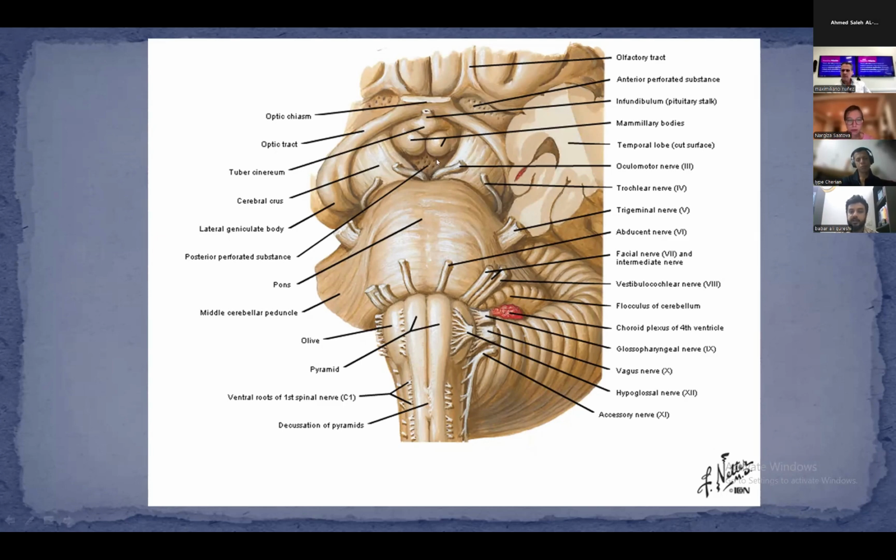In the middle, there's the interpeduncular fossa, which is occupied by the posterior perforated substance. The other important structure is the origin of the third cranial nerve, the oculomotor nerve, which comes out of the interpeduncular fossa. As we can see here, this oculomotor nerve is coming from below this interpeduncular fossa.